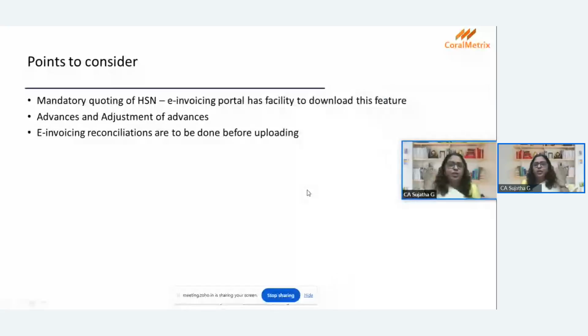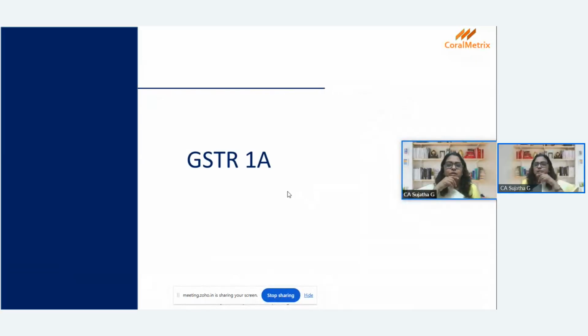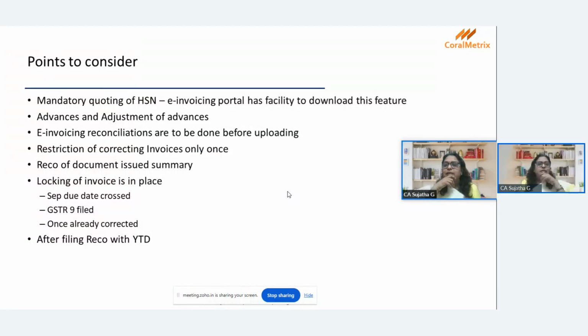points that we have to keep in mind when it comes to GSTR, one is adjustment of advance and advance reporting, HSN, and e-invoicing. See, when I say e-invoicing, there are certain discrepancies.